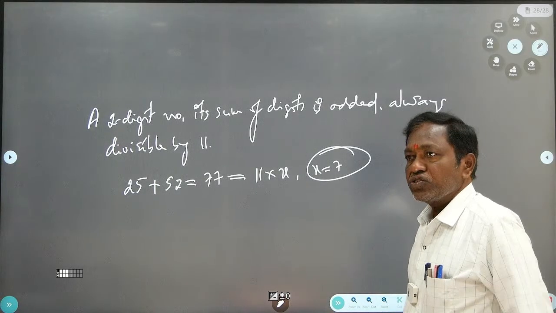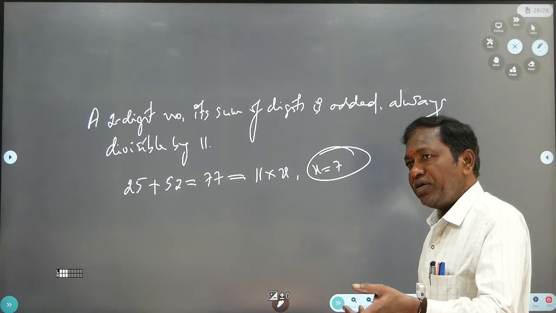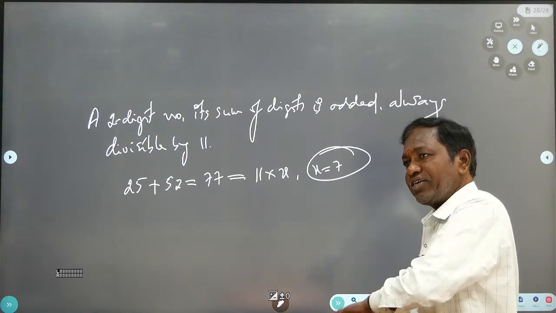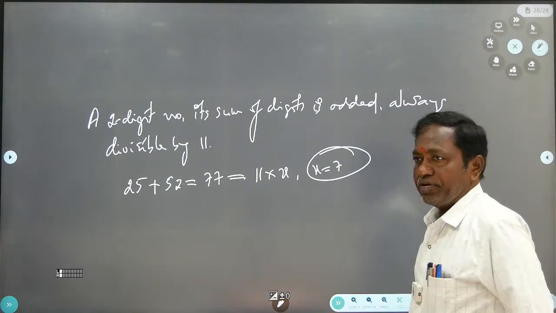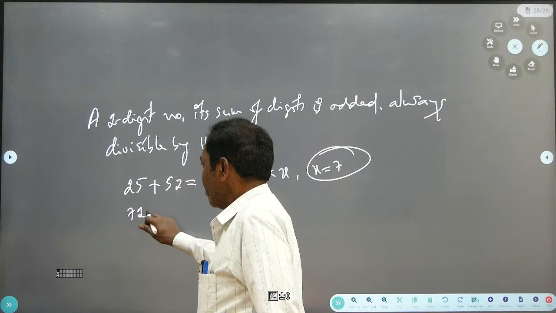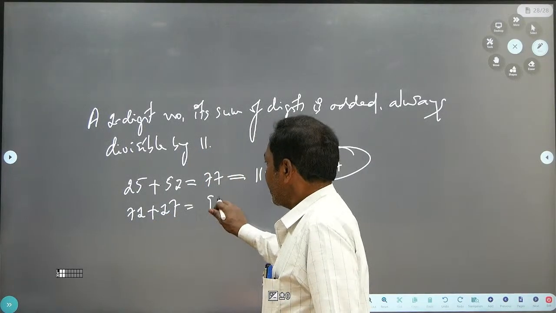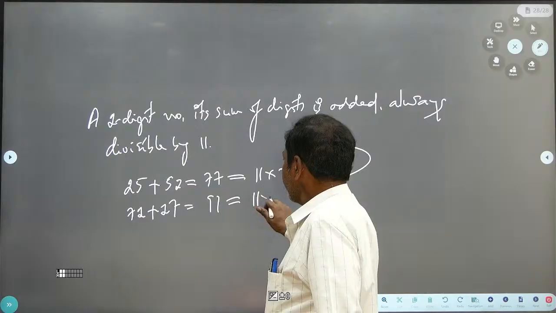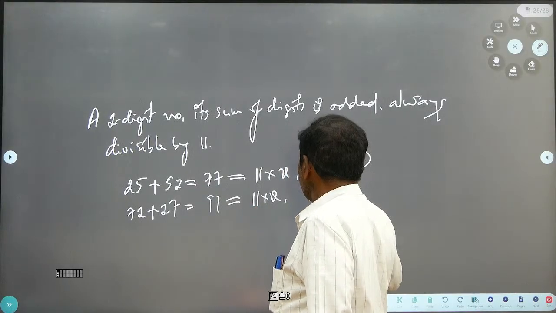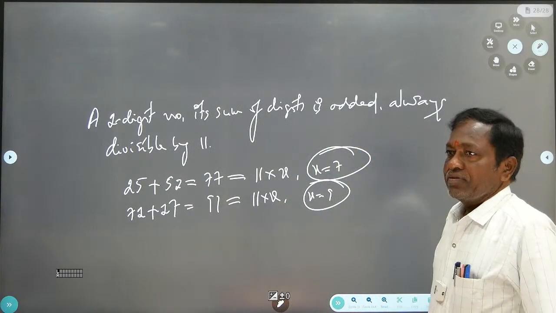These are the areas where questions are designed. Subtraction of the digits of a 2-digit number is divisible by 9, addition is divisible by 11. Take any number of your choice, for example 72 plus 27 is 99, which is 11 into x, so x value is 9.